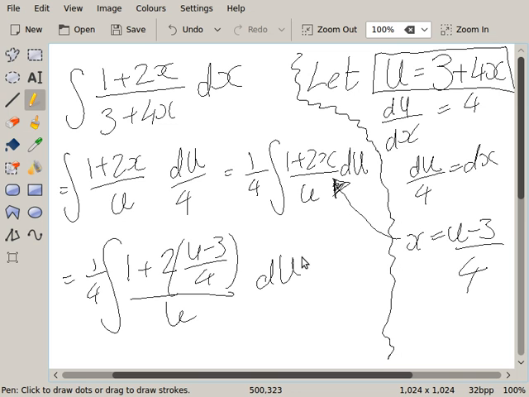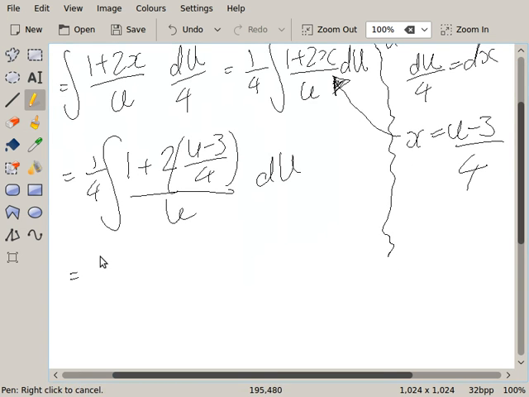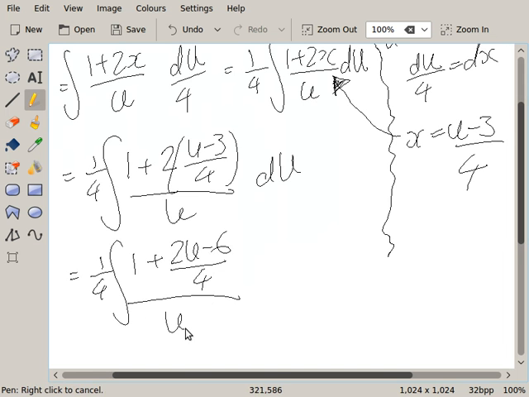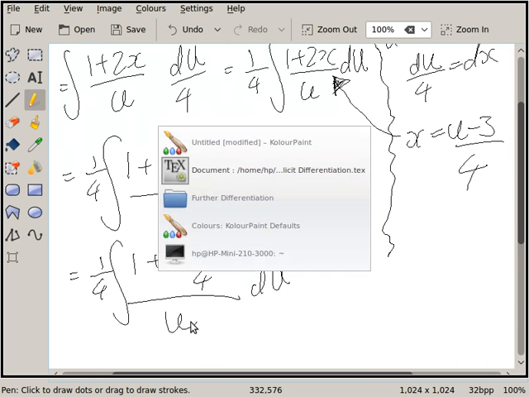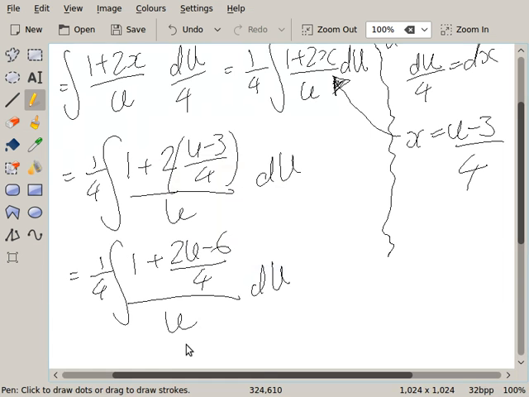Now there's only u. It's messy. We need to clean it up. So if I scroll down a bit, this would be 1 over 4, 1 plus 2u minus 6 over 4 over u du. To clean it up I'll change this 1 into 4 over 4.